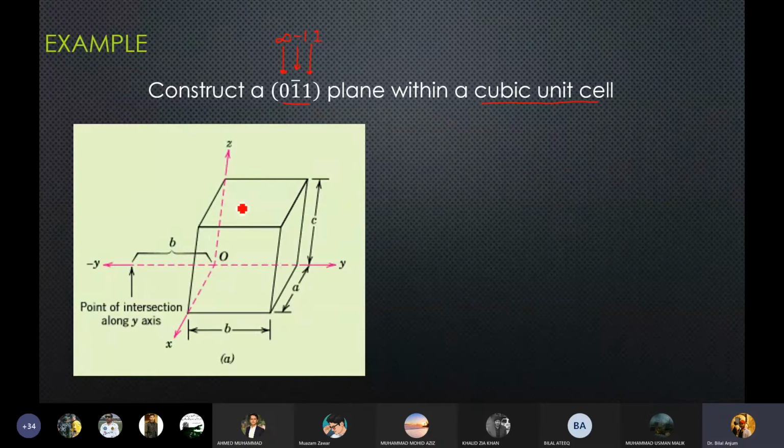If I have this as my cubic unit cell, I'll take the intercept over here as minus 1 along the y-axis, and I'll take the intercept over here as positive along the z-axis, and I'll draw a line. Now this plane would have the same line over here, and this would become my plane.